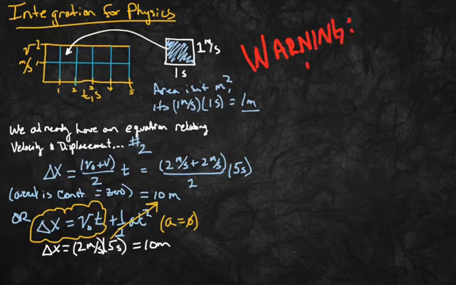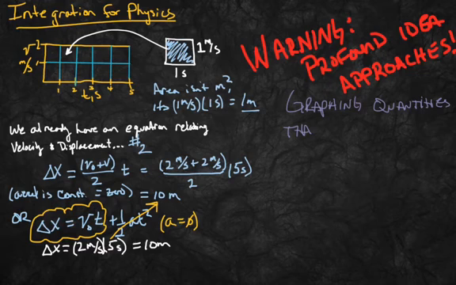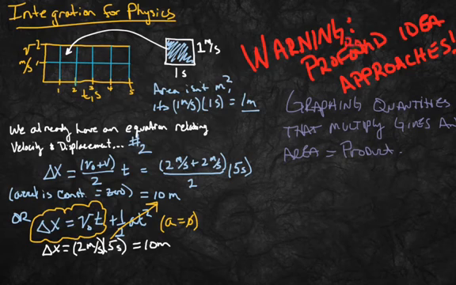Now, warning. A profound idea approaches. It is this: graphing quantities that multiply to give an area. Crap, when I wrote this, it totally made sense, but now it doesn't make sense.